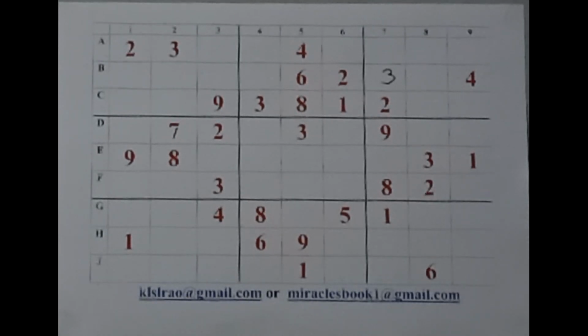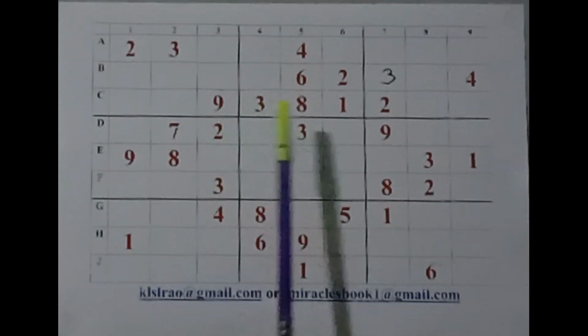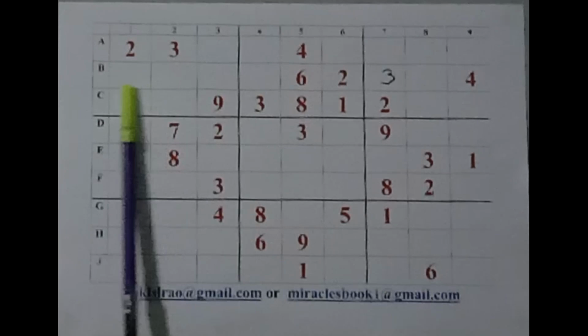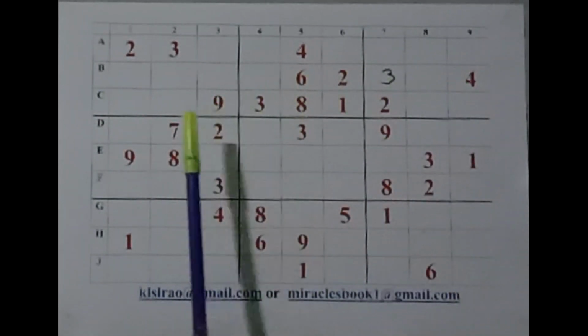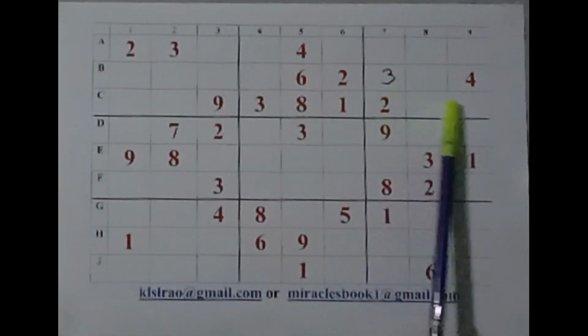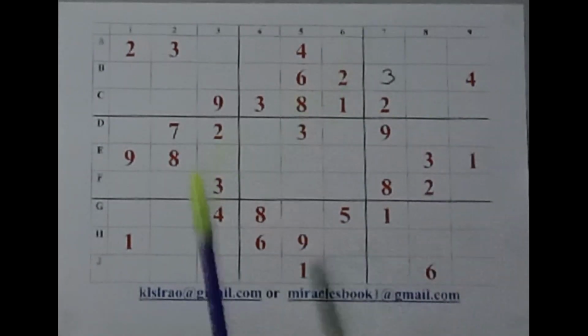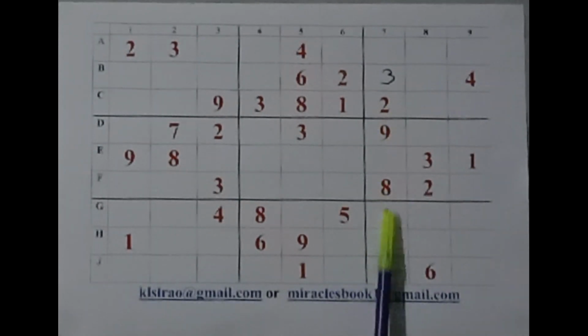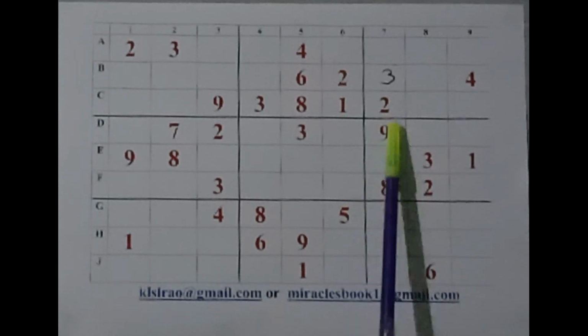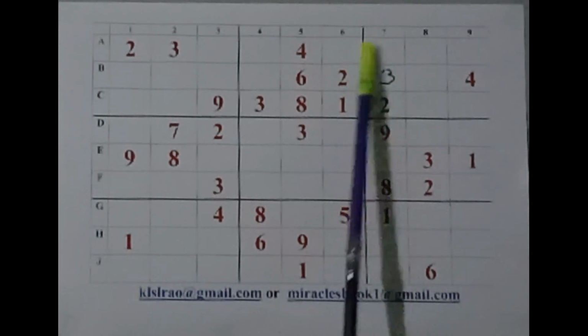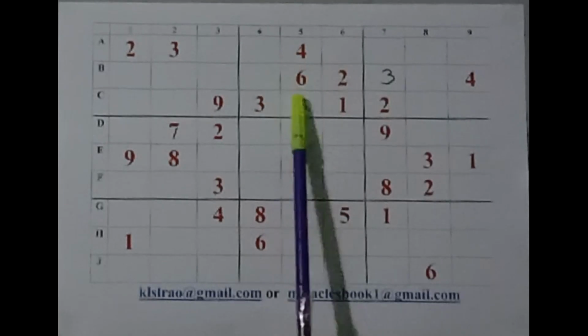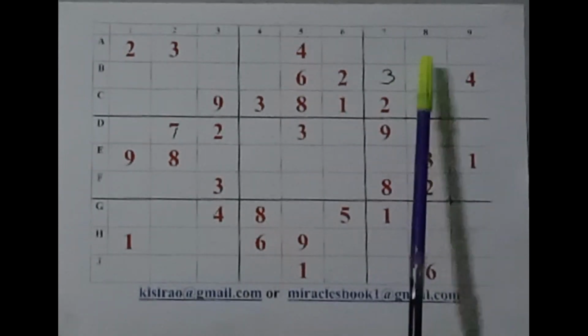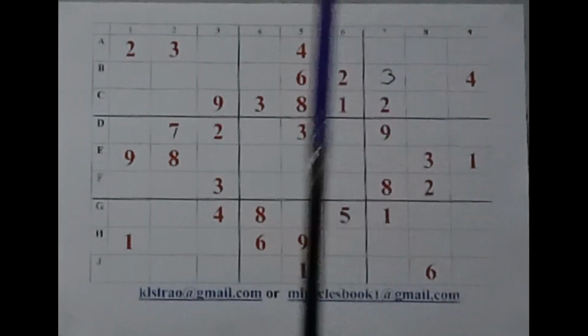Now have a good look. We have this 1, 8 and 9 in row C. That means these numbers cannot get repeated here. Similarly, we have the same 1, 8, 9 here in this column over 7. That means these 3 numbers cannot get repeated here. That means in this box for 1, 8 and 9, we have got 1, 2 and 3 cells only.